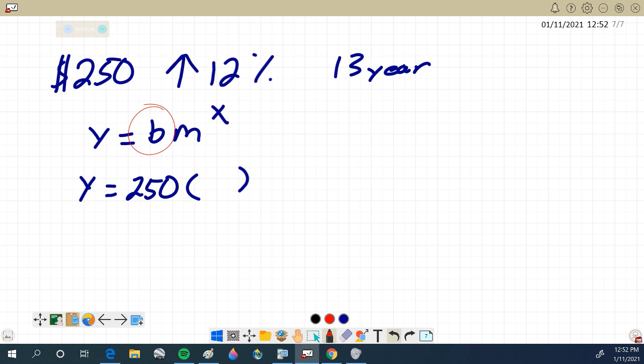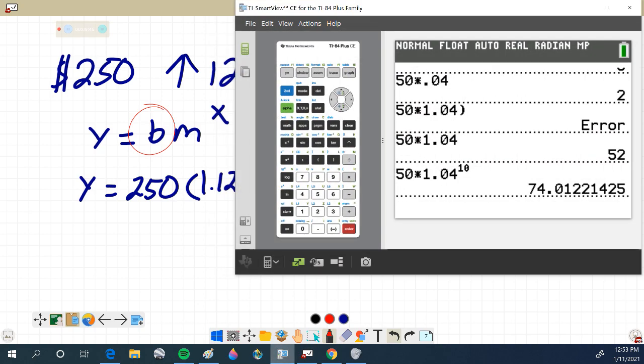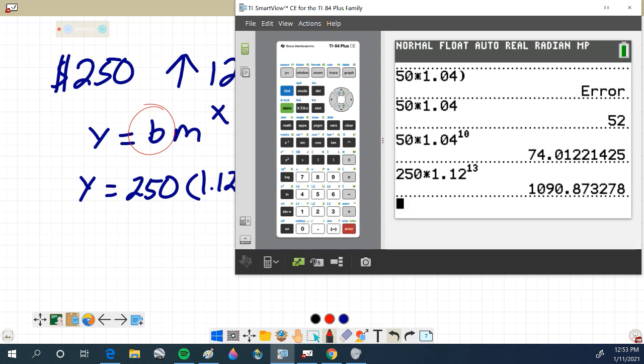Good. 100 plus 12 is 112, and then I move the decimal twice. 1.12 to the x, but in this case x is 13, and that will do all 13 years in one step. And that $250 will grow to be almost $1,100.